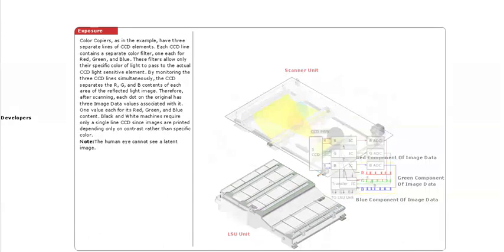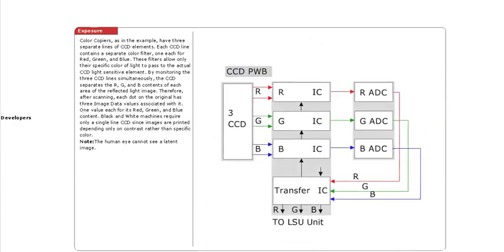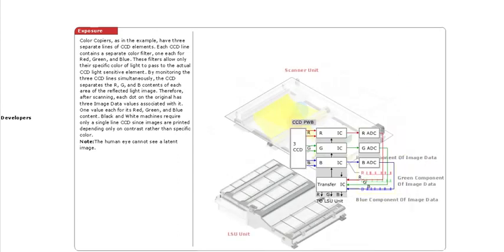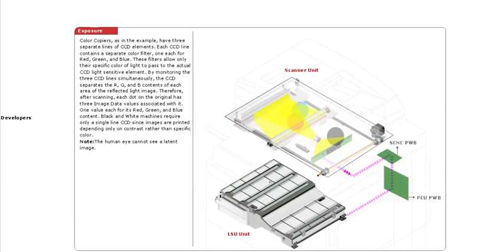Color copiers, as in the example, have 3 separate lines of CCD elements. Each CCD line contains a separate color filter, one each for red, green, and blue. These filters allow only their specific color of light to pass to the actual CCD light-sensitive element. By monitoring the 3 CCD lines simultaneously, the CCD separates the R, G, and B contents of each area of the reflected light image.